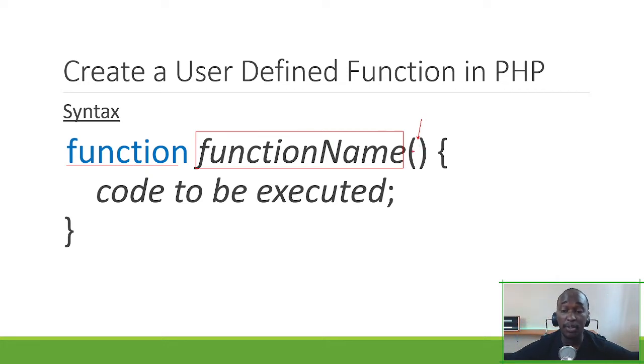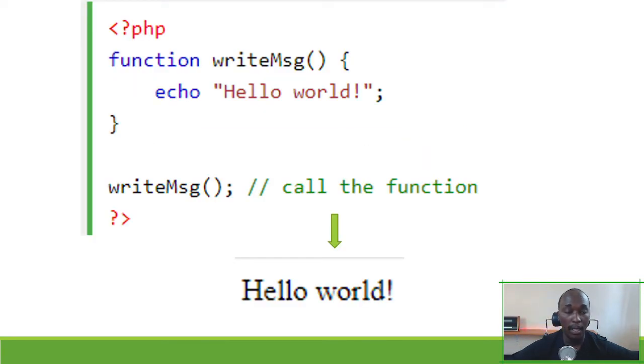Parameters are just variables if you're passing something to the function. Then you'll have an opening curly bracket and a closing curly bracket to denote the beginning of the function and the end of the function. Then of course in between you'll have one or more lines of code. So that is the syntax for defining a function. Quite simple.